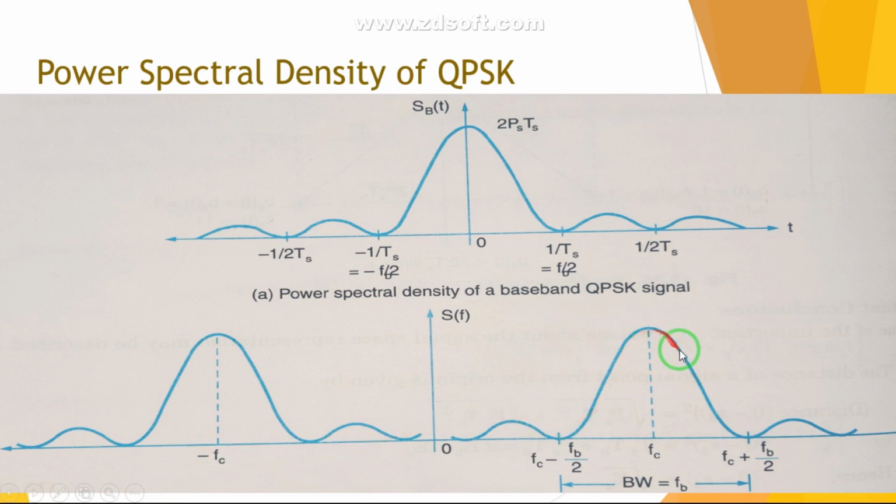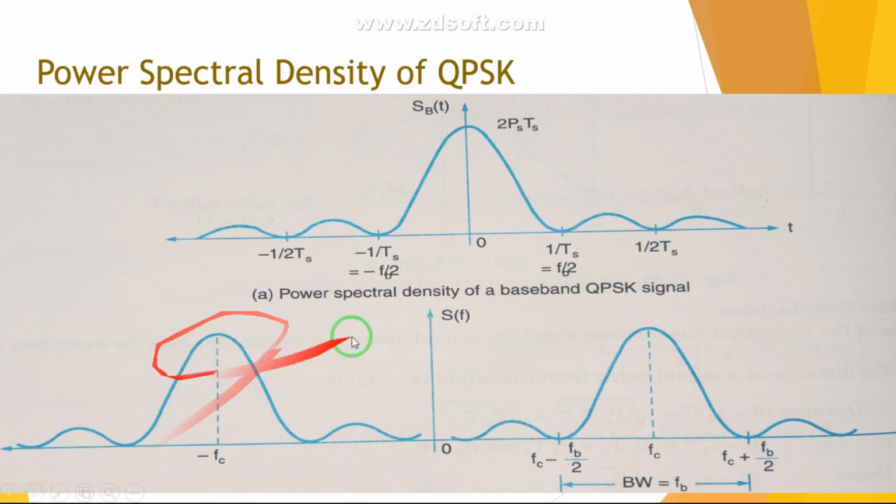This is your main lobe, and all the information is present in this main lobe. The bandwidth is given by FC plus FB by 2 and FC minus FB by 2, so the difference between these two points gives you a bandwidth of FB. Similarly, this other spectral component also has a bandwidth of FB.